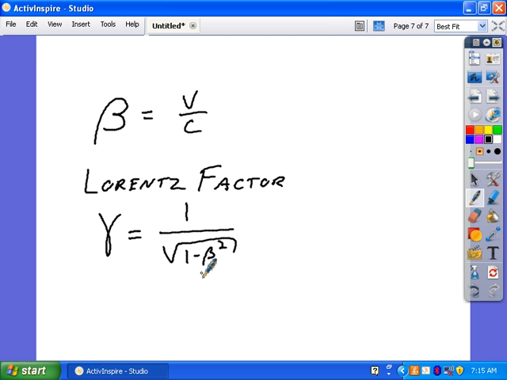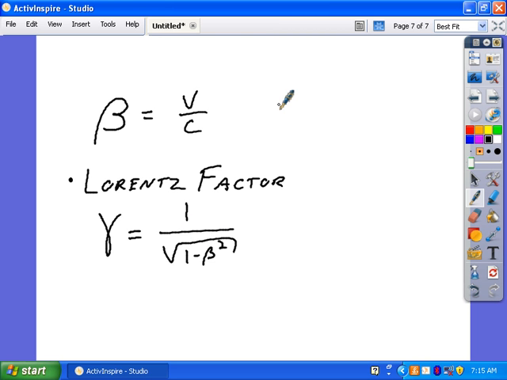Now, the reason they use the Lorentz factor is it's useful in more than just time. We're going to use this in length dilation as well. But anyway, the Lorentz factor just simplifies this to make it a little bit prettier.